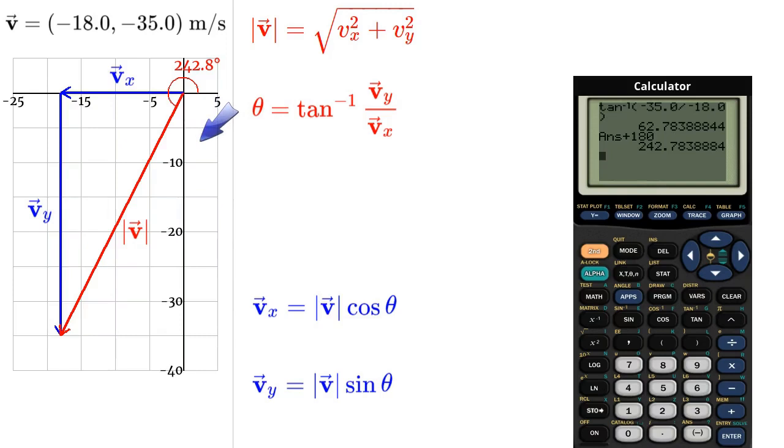You can tell if that's the case just by looking at your diagram. If it's pointing left, either up or down, then you have to add 180. You can also just look at the components. If the x component is negative, that means it's pointing to the left, which means you're going to have to add 180 degrees to get the correct direction.